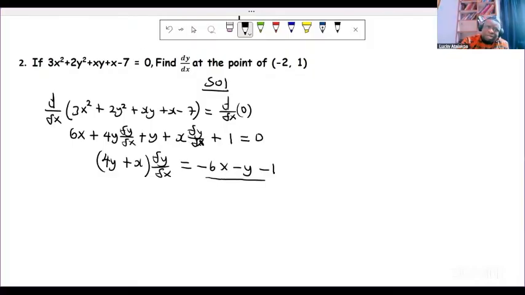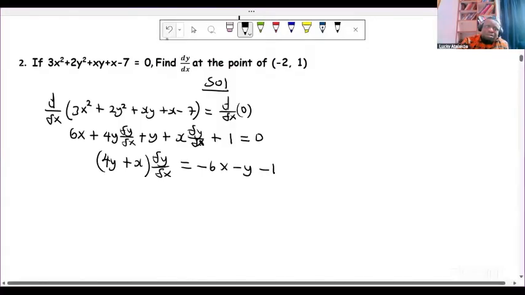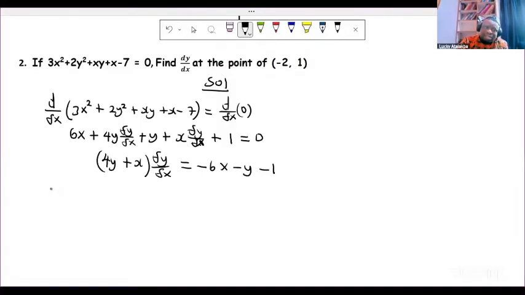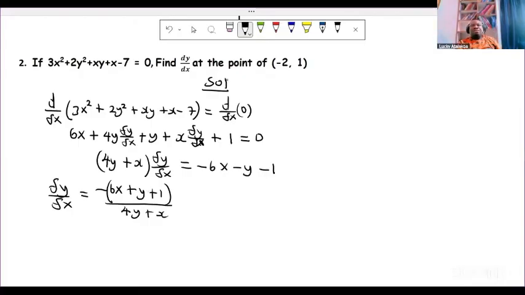Good. Let me leave the over first. So therefore, if I make the dy/dx stand alone, that will become negative 6x. I can put it in bracket like that and say plus y plus 1, because minus will affect everything. Then divided by 4y plus x. Now, they said we should find it at the point minus 2, comma 1.